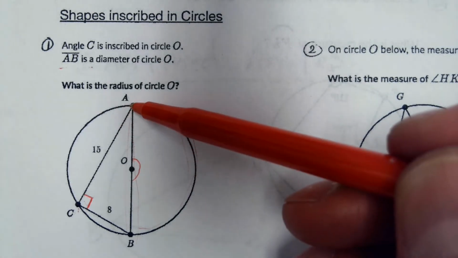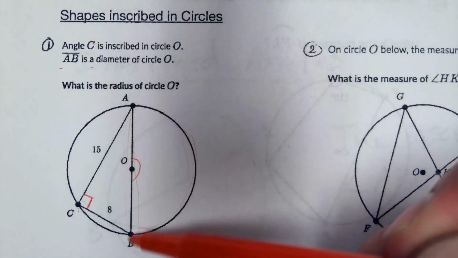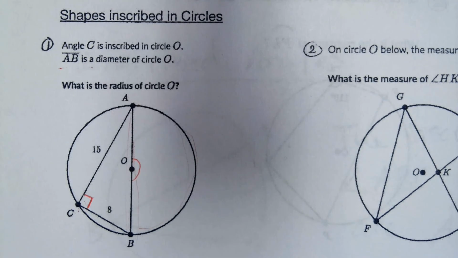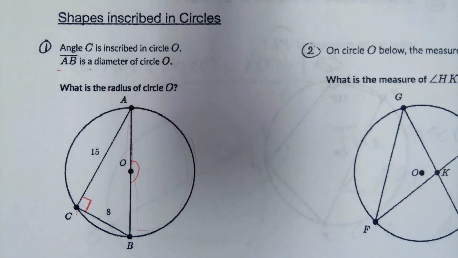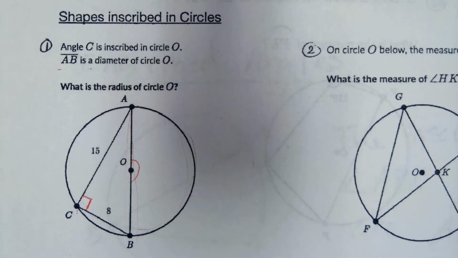How then could we find AB? Raise your hand if you think you have it. Grace?